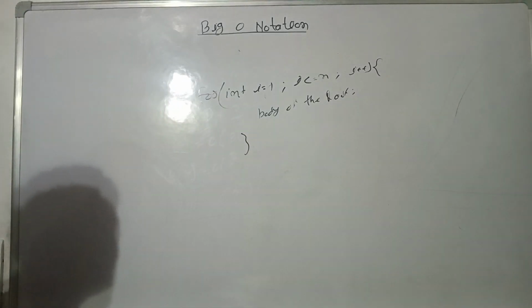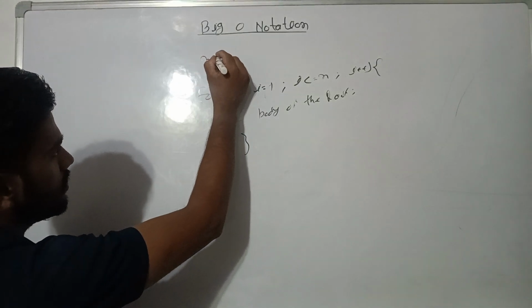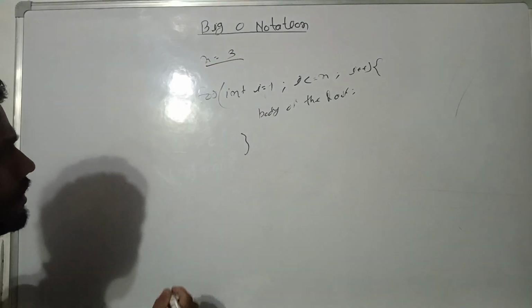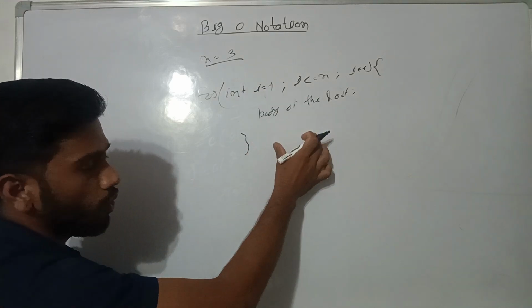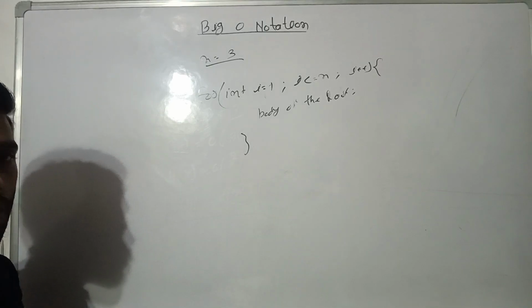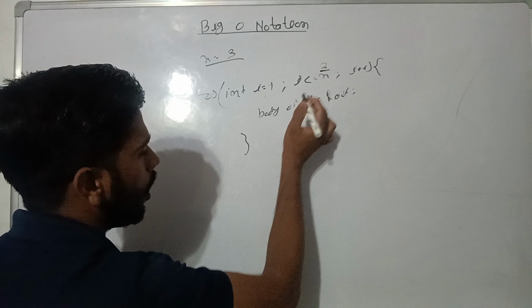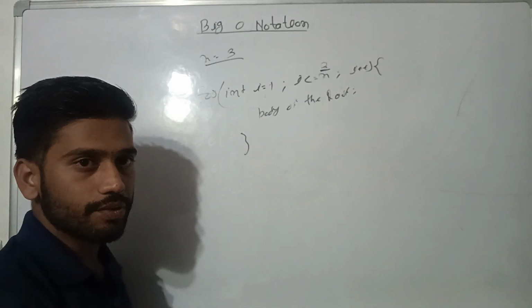And we consider n is equal to, suppose, 3. Then what will be the Big O notation for this loop, that is, the time complexity for this loop? The n value is 3. Then how many times has the for loop been executed?